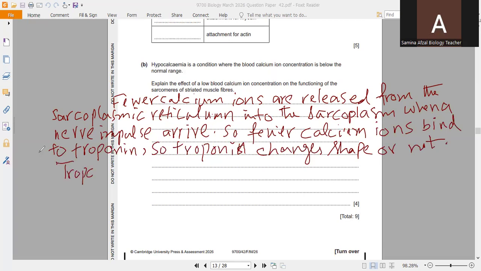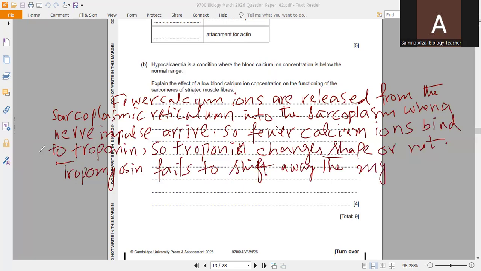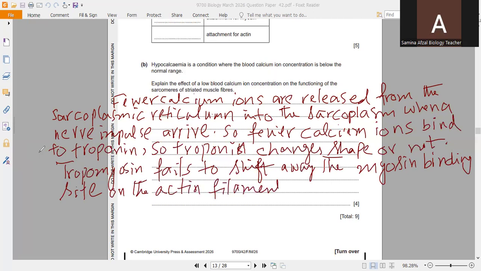Tropomyosin fails to shift away from the myosin binding site on the actin filament, leaving them blocked.